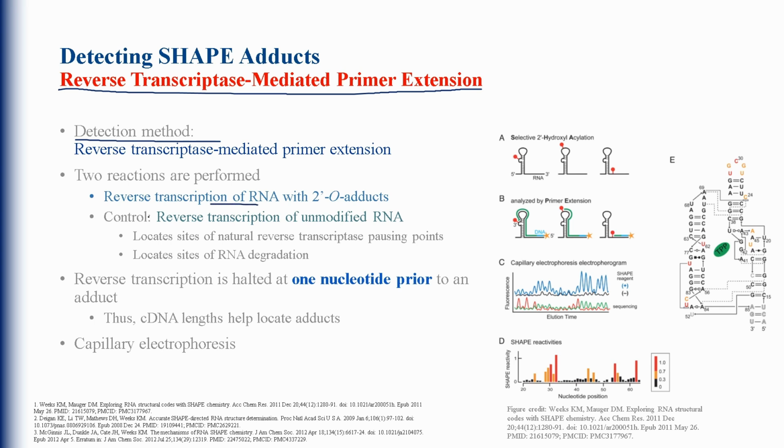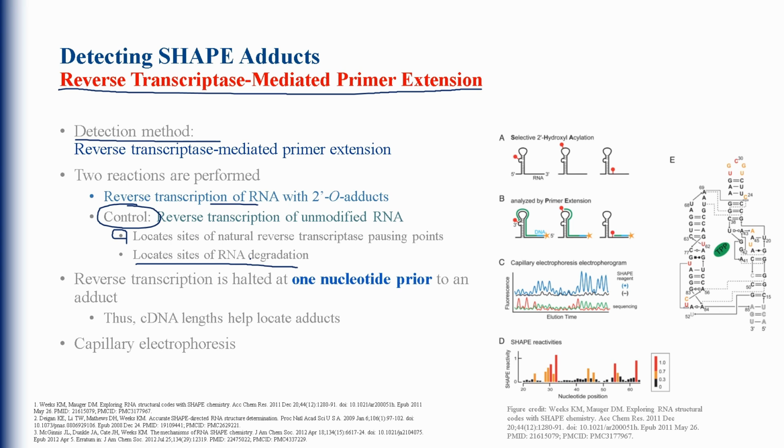But we also have to have a control, and that control is where we do reverse transcription of the same RNA molecule, but unmodified, that is, it has not been introduced to SHAPE reagents. This will help locate the sites of natural reverse transcriptase pausing points. Sometimes the reverse transcriptase is going to pause, and we don't want to think that that pausing point is because of a 2' oxygen adduct when there's actually no 2' oxygen adduct there. Another reason is that it can locate sites of RNA degradation.